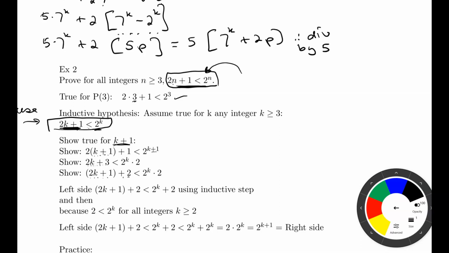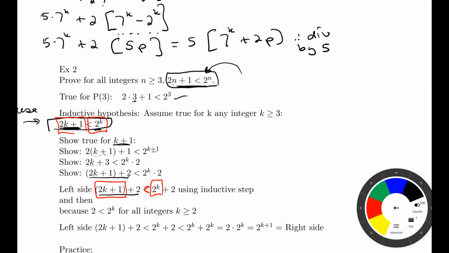I'm going to take this left-hand side, take this out, and replace it with a less than 2 to the k. And so this plus 2 carries along. So it's a substitution, but with the inequality, right? Take 2k plus 1 out and replace it with a less than 2 to the k, and then the plus 2 carries along.